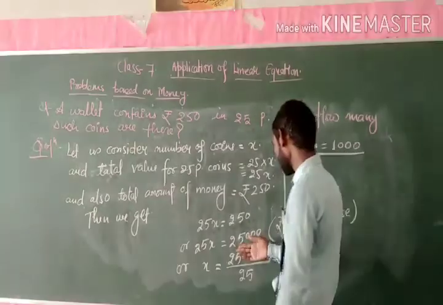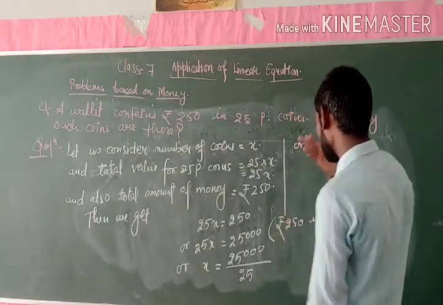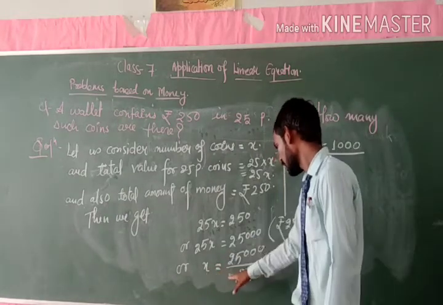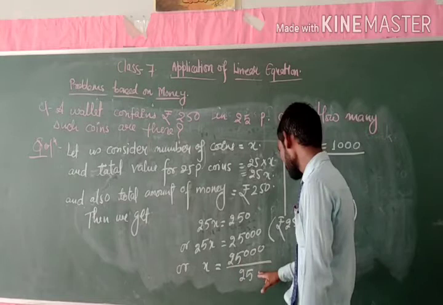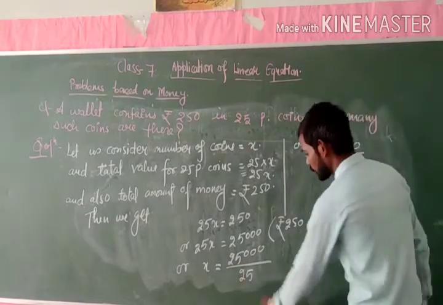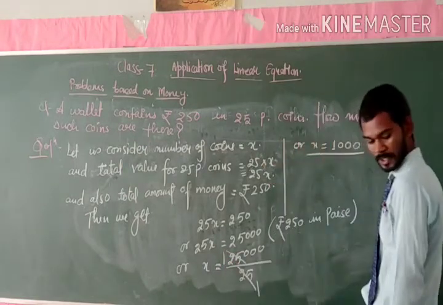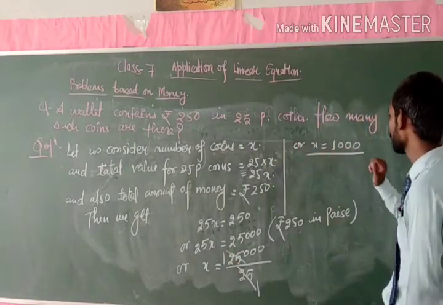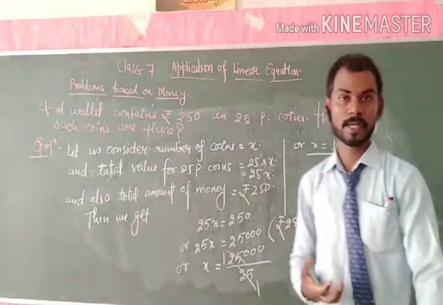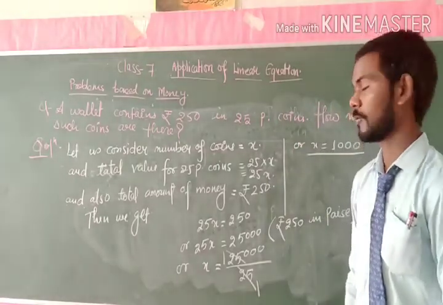We get 25,000 when we multiply 250 by 100. So we have x is equal to 25,000 upon 25, and after solving, we get x is equal to 1000. That means the total number of coins of 25 paise in the wallet is equal to 1000.